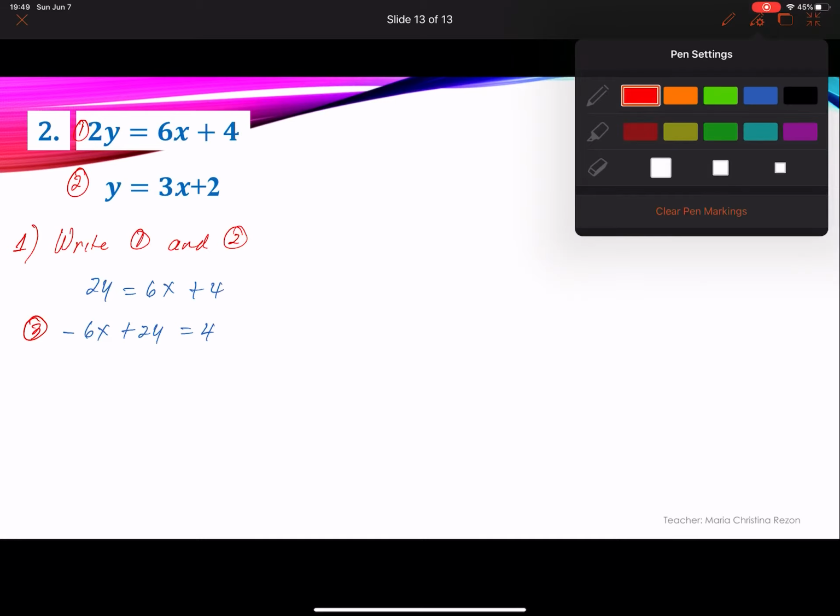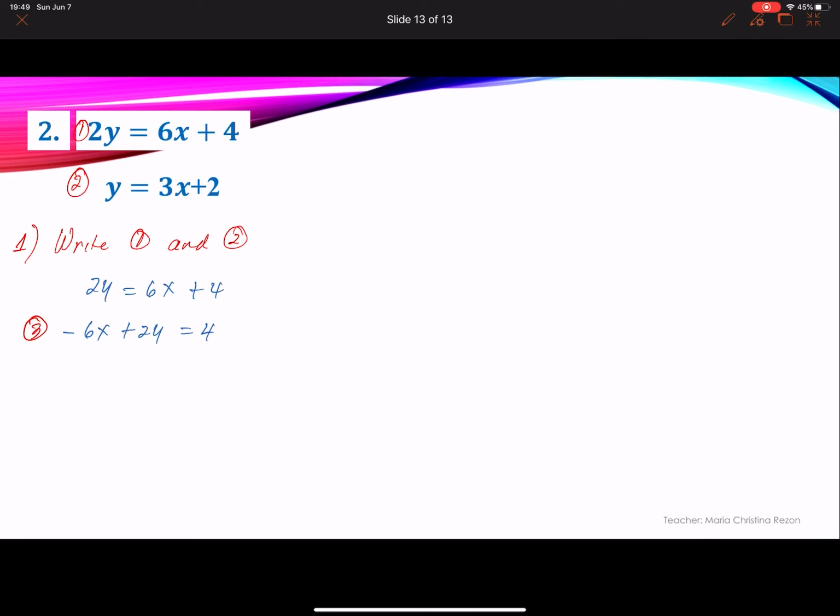And the next one, for your equation 2, you have y is equal to 3x plus 2. Then we want all your x and y on the left side of your equation and the constant on the right side.